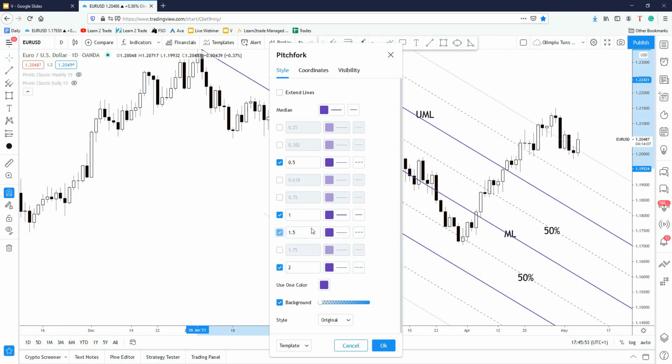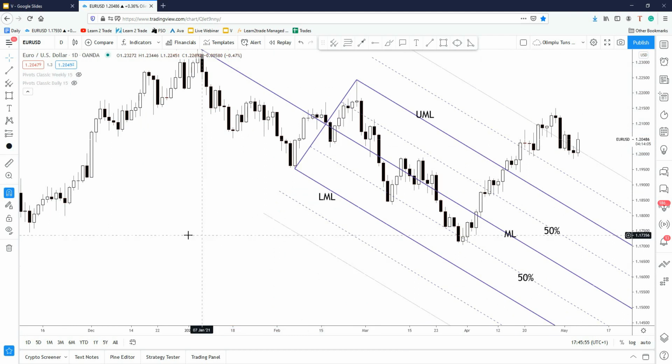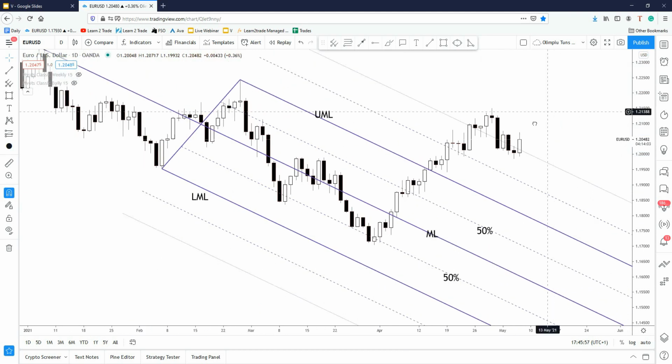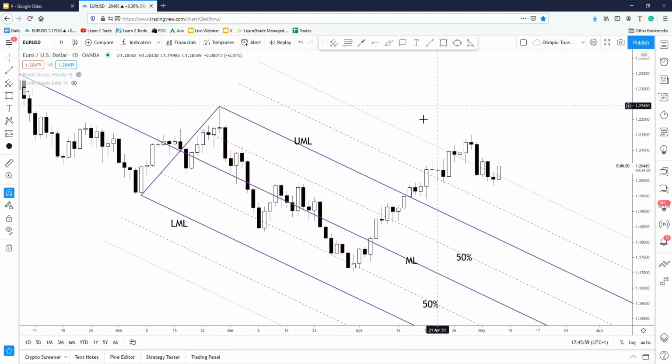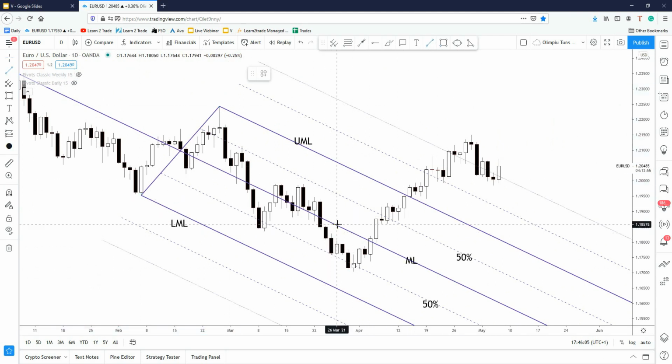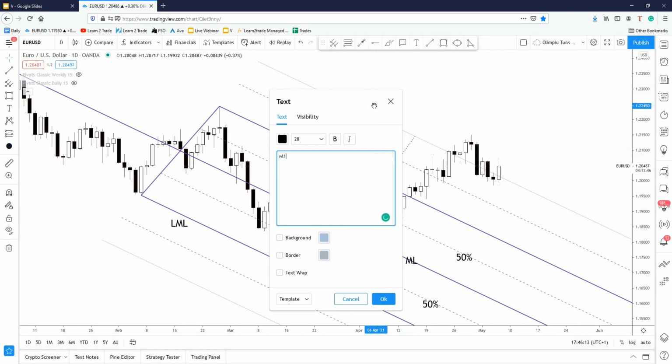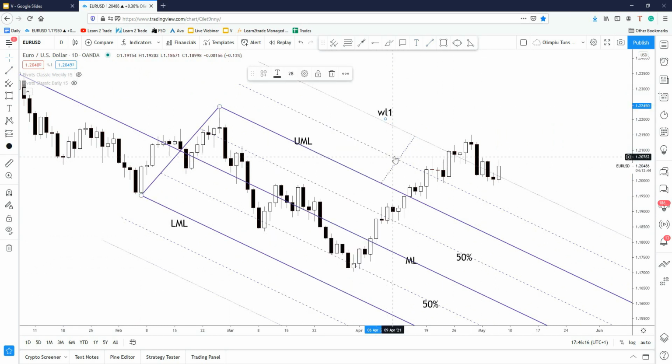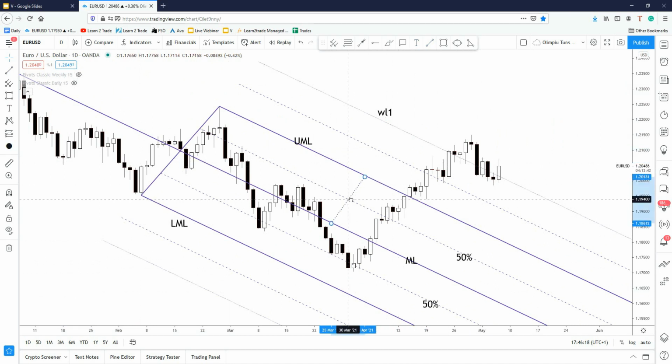warning lines and also the 150% Fibonacci line. So as you can see here, one moment, we can draw the warning line, the first warning line at the same distance between the medium line and the upper medium line, or between the lower medium line and the medium line.